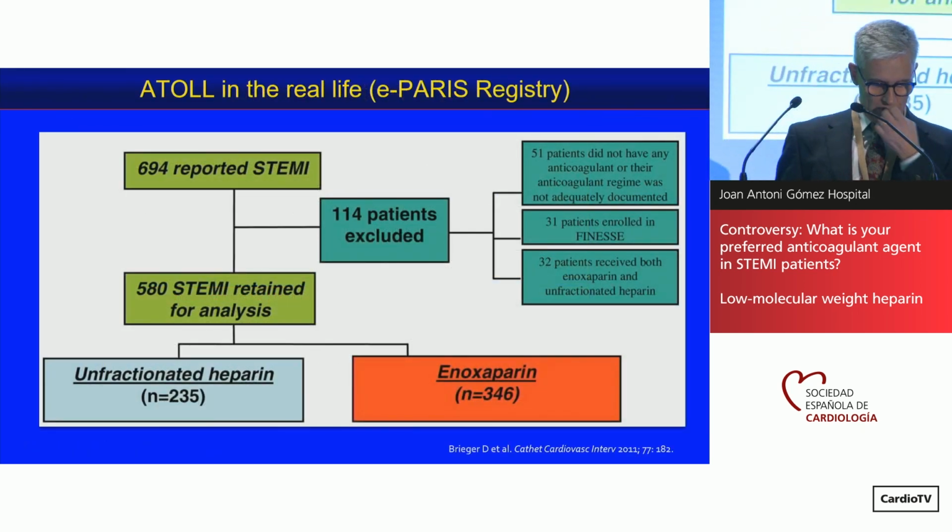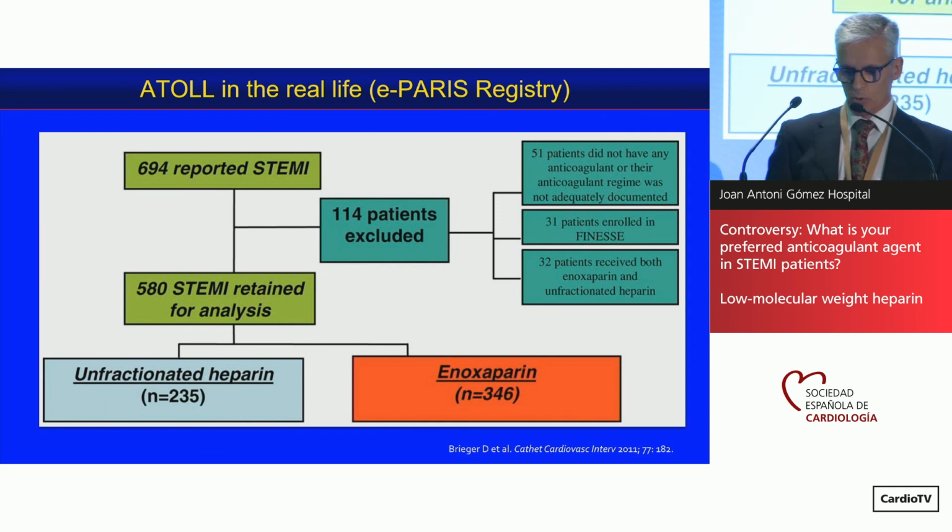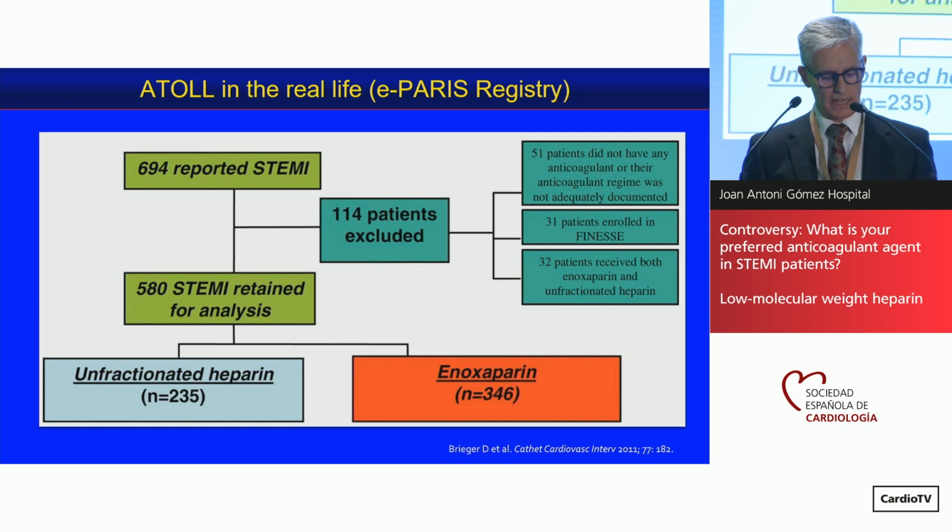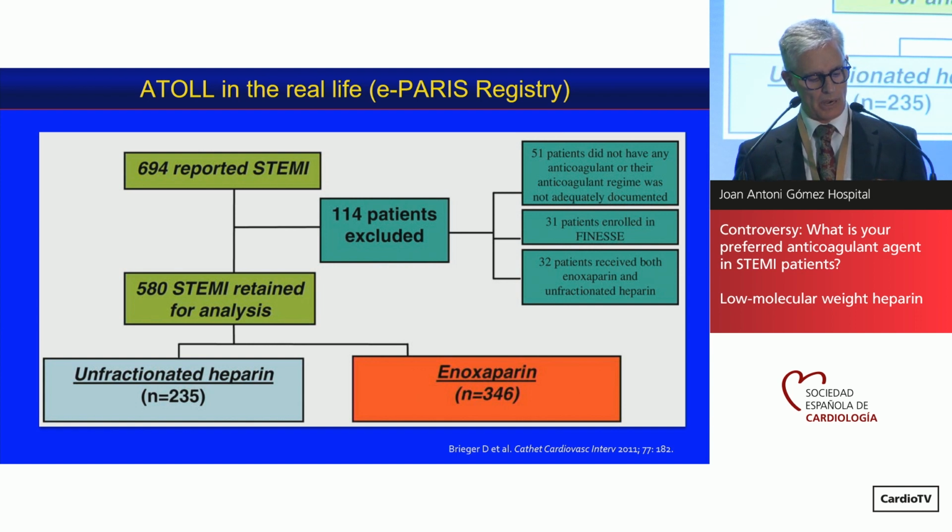And even the same author of the ATOLL trial, that is the group of Montalescot in Paris, presented the e-Paris registry, with the patients treated for acute myocardial infarction in the area of Paris. It analyzes real life, and there are 518 patients with STEMI treated with primary PCI.